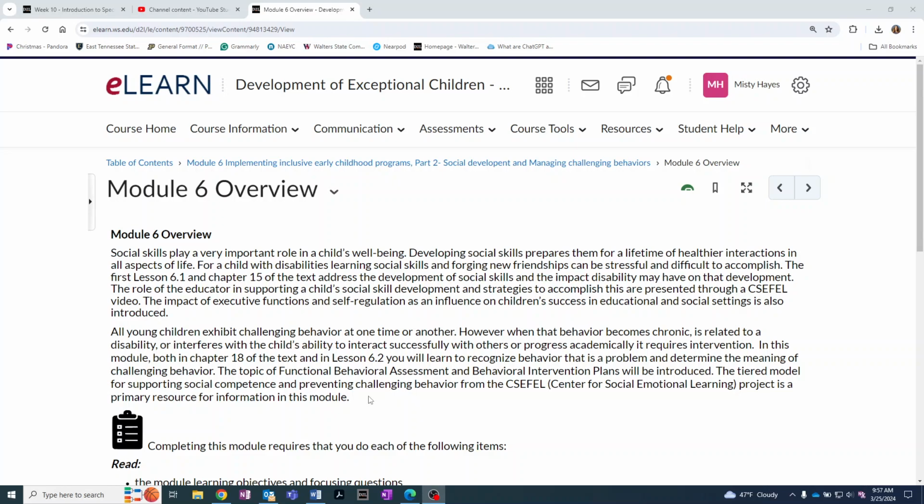First we have to do a functional behavior assessment so we can figure out what's going on and why this behavior is occurring. Then we can put a plan in place, right? So we have a model that really supports those challenging behaviors and we prevent them from happening, but we also support them socially, right? So we're looking at these two things in Module 6.